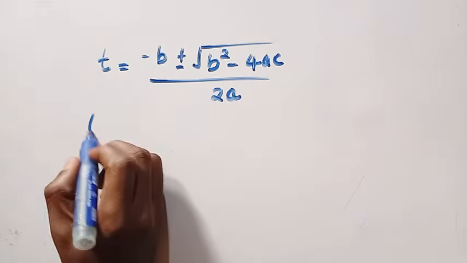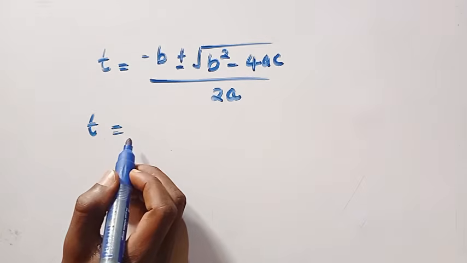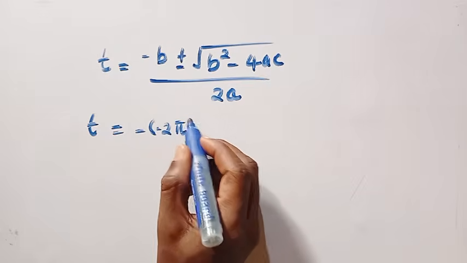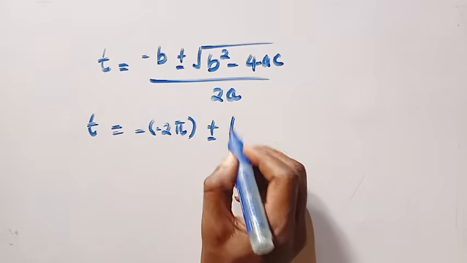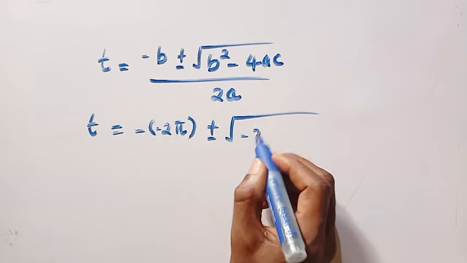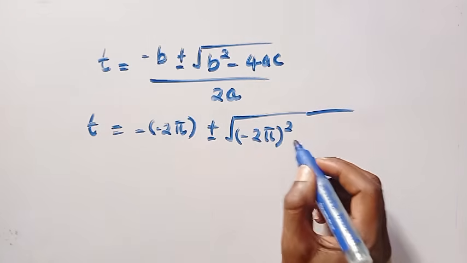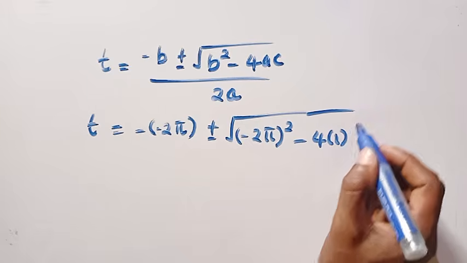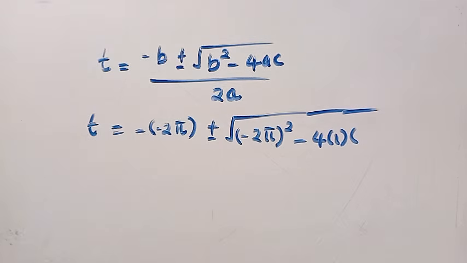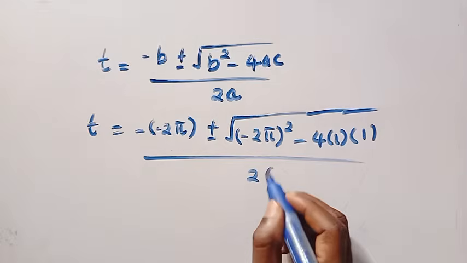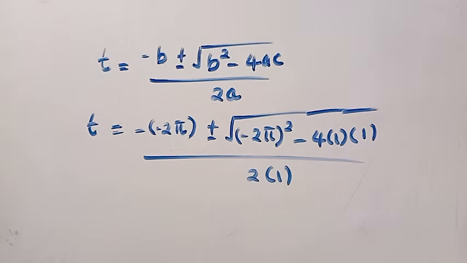We have b as minus bracket minus 2 pi, plus or minus the square root of minus 2 pi squared minus 4 bracket 1 bracket c, which is also 1, then divided by 2 bracket 1.